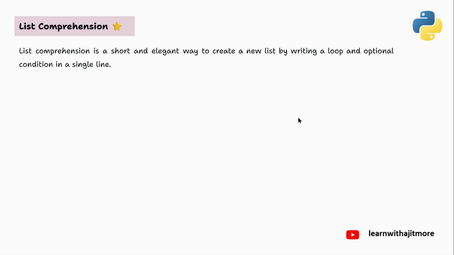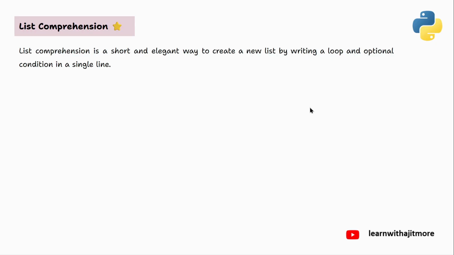So list comprehension is a short and elegant way to create a new list by writing a loop, and if you need any if and else, in a single line. Means within the loop, if you need any if else condition, you can use that optional condition.